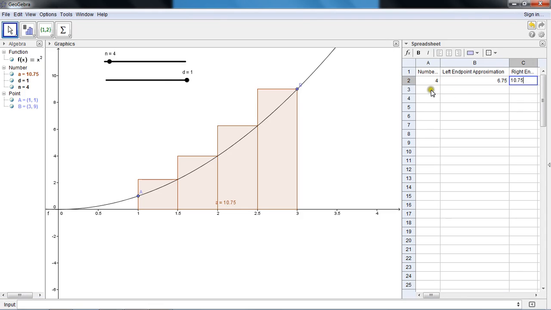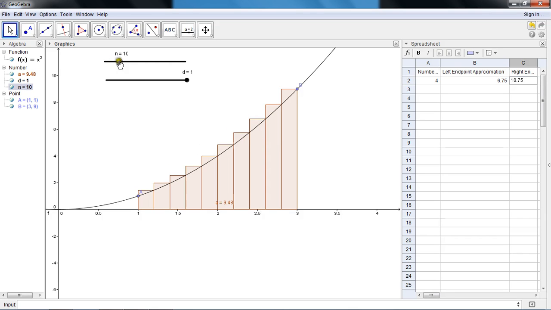But the cool thing about GeoGebra is that it can do a bunch of computations for us without having to do them by hand. So let's say we want to up our number of rectangles to being 10 rectangles. And now we see that the area, I'm just going to write this down, with 10 rectangles, we see the right endpoint area is 9.48 or so.